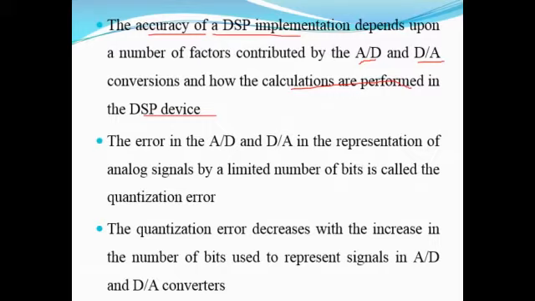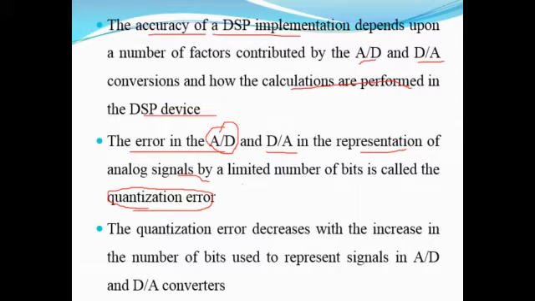And whenever I consider the A to D or D to A conversion, there should be a proper representation of analog signals by a limited number of bits. But if that occurs, some error is introduced into the conversion process during A to D or D to A, that is quantization error.